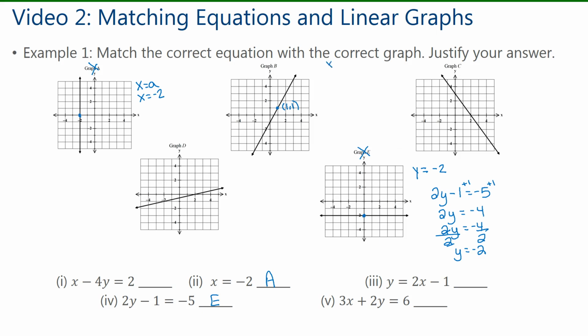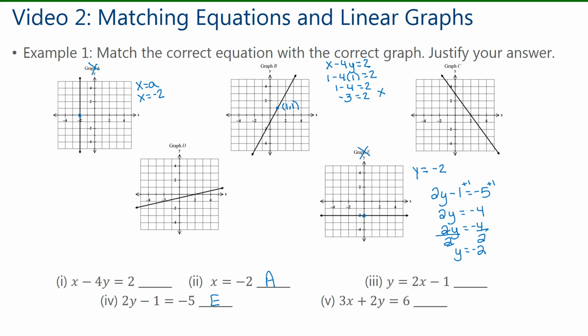So I'll start by plugging that into the first equation, x minus 4y equals 2. So x is 1 and y is 1. So I get 1 minus 4, which works out to be -3. Now -3 is not equal to 2, so it's not going to be equation 1.